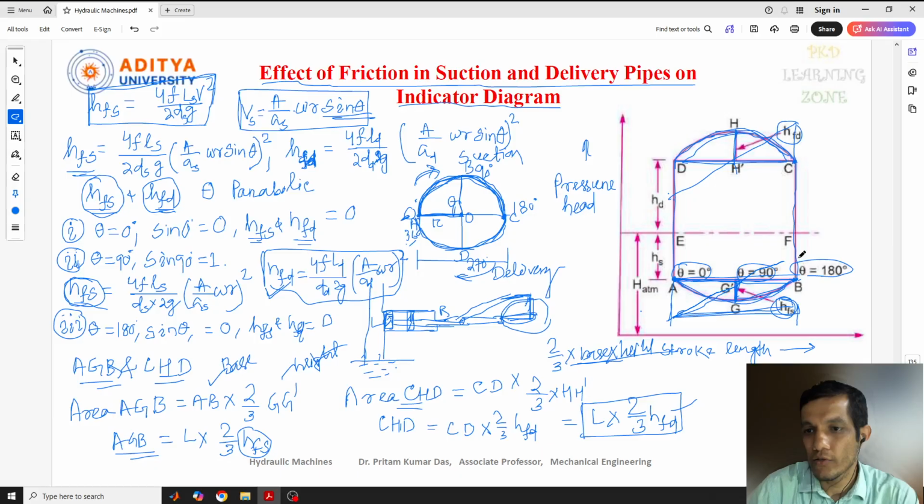We got that through the exact equation, by solving it. Like this we got the equation for the effect of acceleration in the suction and delivery pipe. Now for friction, we got a parabolic nature. This can be calculated from the equation for the friction loss of head due to friction.